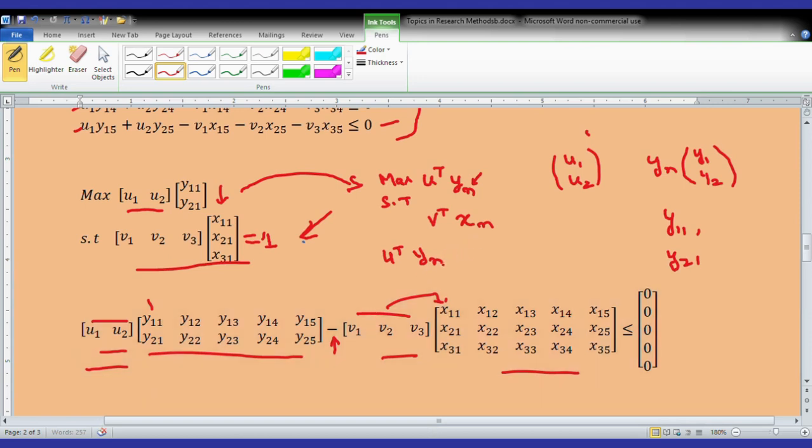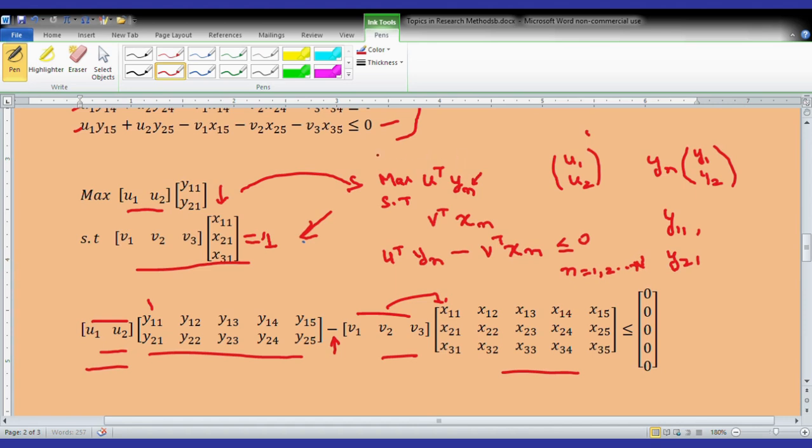So I write it here yn, and then we have this minus v transpose xn, and then what we are saying is that this is equal to or less than 0, and this is true for n equal to 1 up till capital N. Alright, so we have 5 firms, so n will be equal to 1 up till 5.